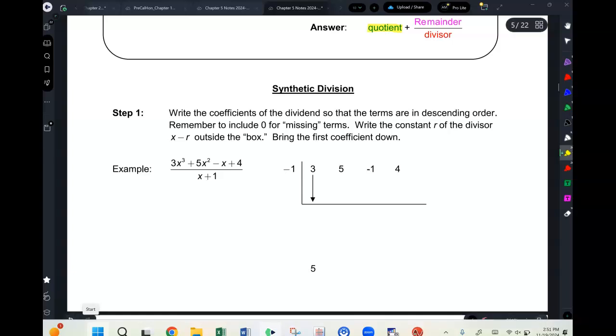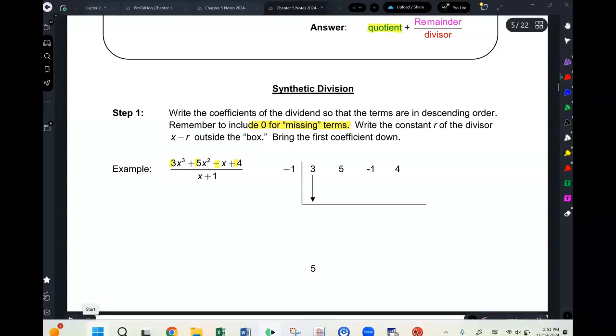So remember to include 0 for missing terms. Okay? So look at this one. For the dividend, 3 plus 5 minus 1 plus 4. Do you see that? 3, 5, minus 1, 4.